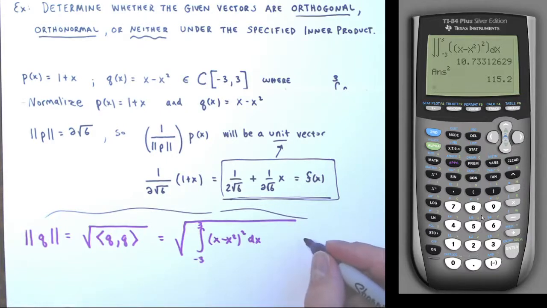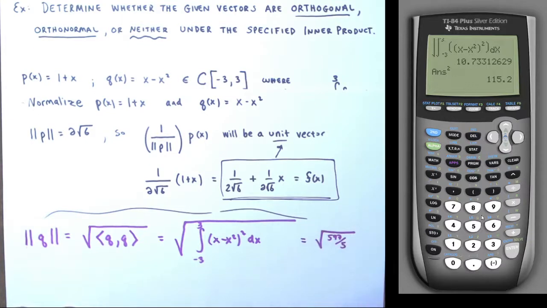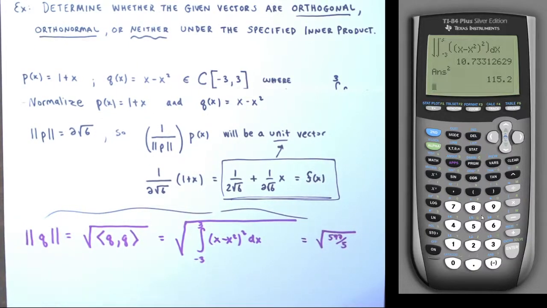So again, let's say this is the square root of 115 and a fifth. So that'd be 577 fifths. Right, the square root of 577 fifths. Alright, 115 times 5 is 575 plus 2 fifths. Yeah, 577 fifths.